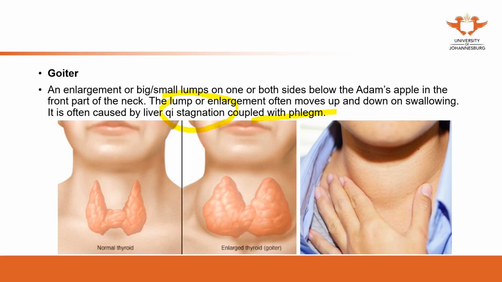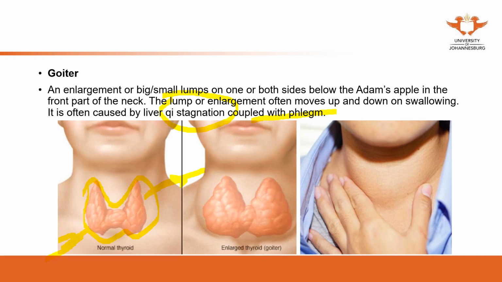Just imagine the thyroid is like a balloon, with one entrance and one exit, so the qi can go in and go out. That's from the meridian. The line is not like this, but it is just an example. The qi and blood go through the meridian to the thyroid and out of the thyroid.